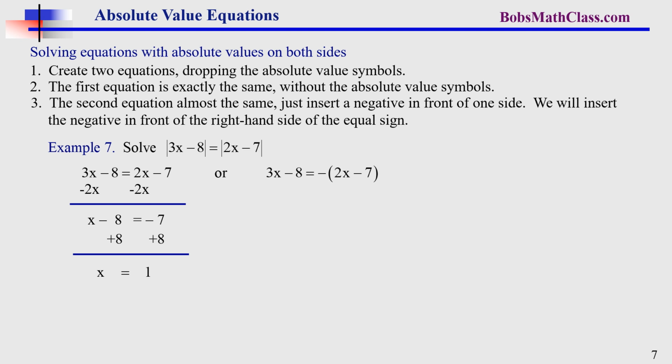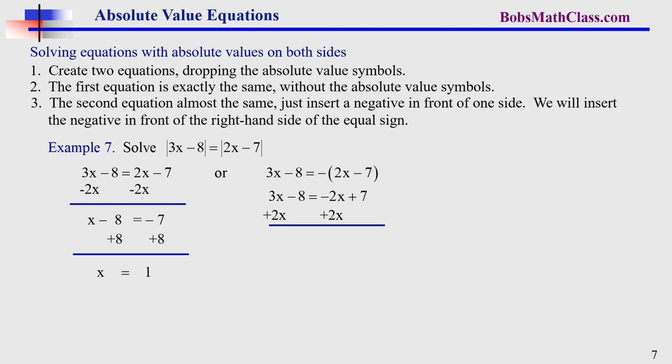On our second equation, distribute the negative first. Think of it as a negative 1. So 3x minus 8 equals negative 2x plus 7. The negative sign must be distributed. Now again, we've got to get x by itself on one side. Right now we have x on both sides, so add 2x to both sides.